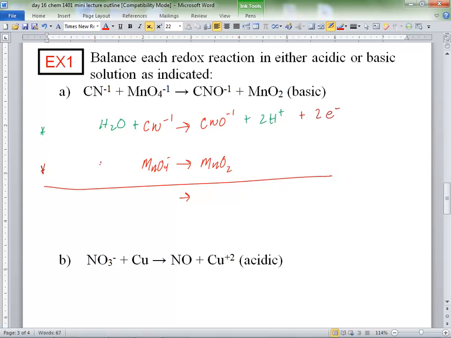Let's try it. If you throw one over there, now we have 1 plus 4, 5 oxygens. Yeah, too many. So it has to be on the product side.